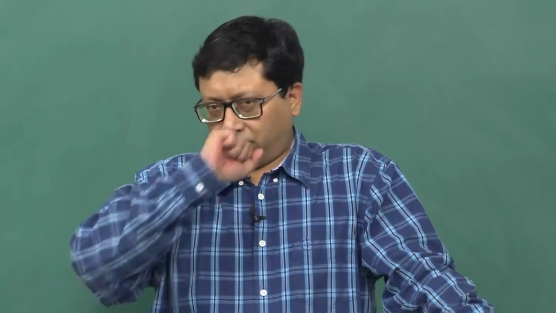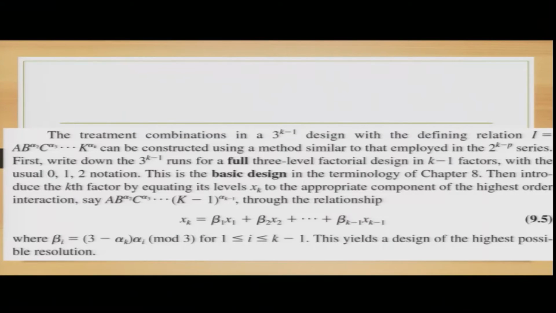So, l and k are not the same because the level of significance based on which you are trying to do the calculations would be different for the two different combinations of orthogonal sets. Consider it in very simple terms as orthogonal sets, so that we are able to predict it maximum. In this case we have xk is equal to beta 1 x1 plus beta 2 x2 plus beta k minus 1 x to the power k minus 1. From this we find out beta i, which would be of modulus 3 level, and this yields a design of the highest possible resolution, so that we are able to predict to the maximum possible extent.